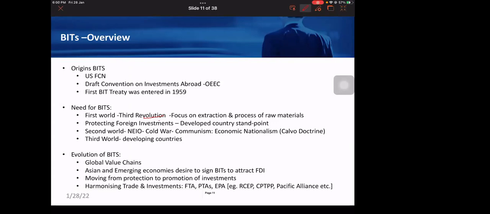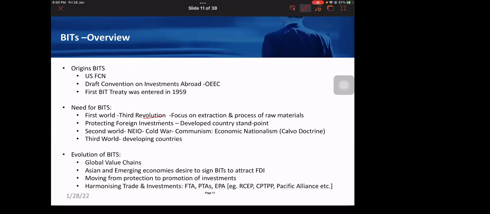And therefore, today we are having a lot of free trade agreements and preferential trade agreements. Recently, Singapore signed the Pacific Alliance with a few countries in Latin America. You have the CPTPP, which has around 11 countries in the Asia Pacific, apart from the US. And then you have the USMCA: US, Mexico, Canada. So there are a lot of preferential trade agreements, regional trade agreements, economic partnership agreements.